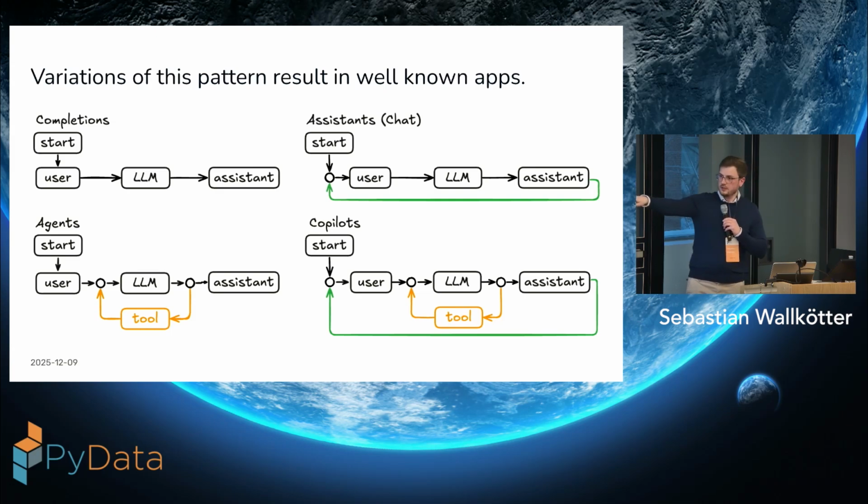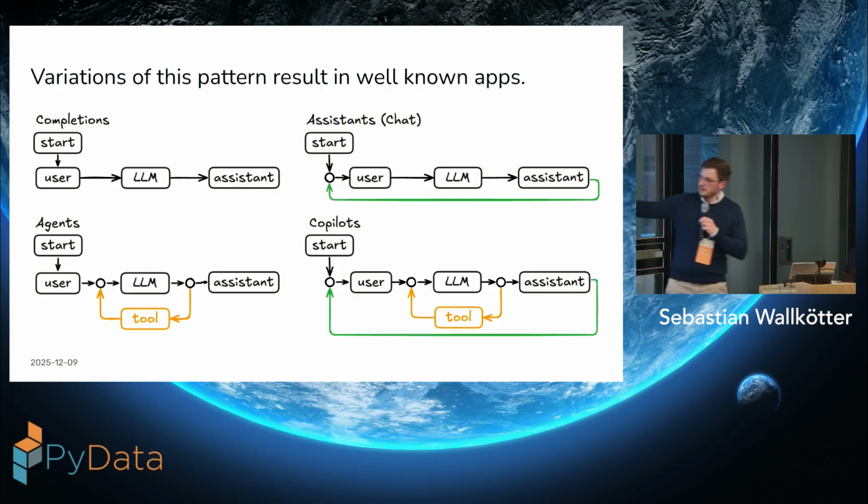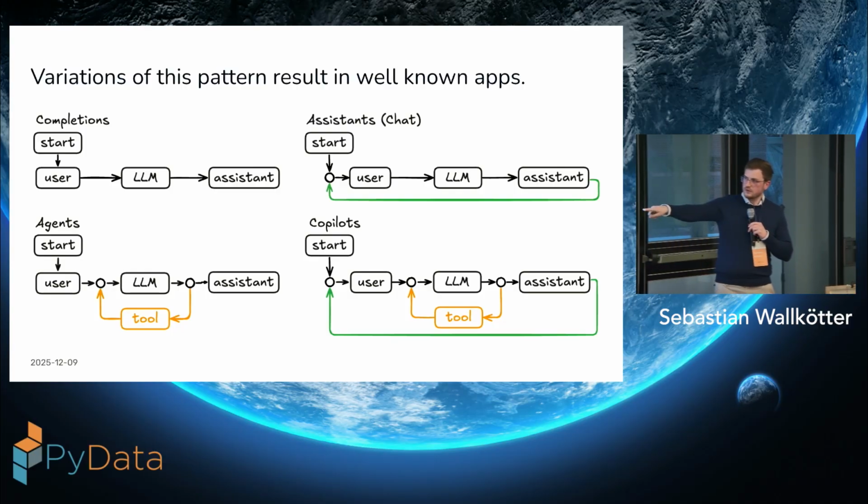If you have the trace loop but not the turn loop, you get an agent. And these are fun. This is the difference between an assistant or chat versus an agent.